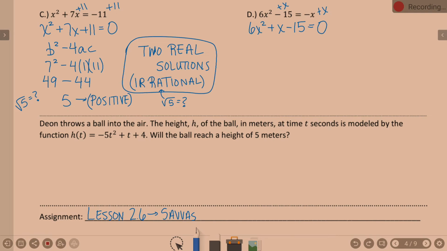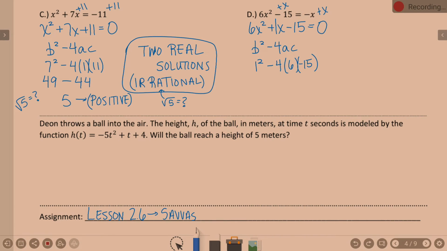Okay, so let's come up with the discriminant. B squared minus 4ac. B is the invisible 1. So 1 squared minus 4 times A is 6 times C is negative 15.